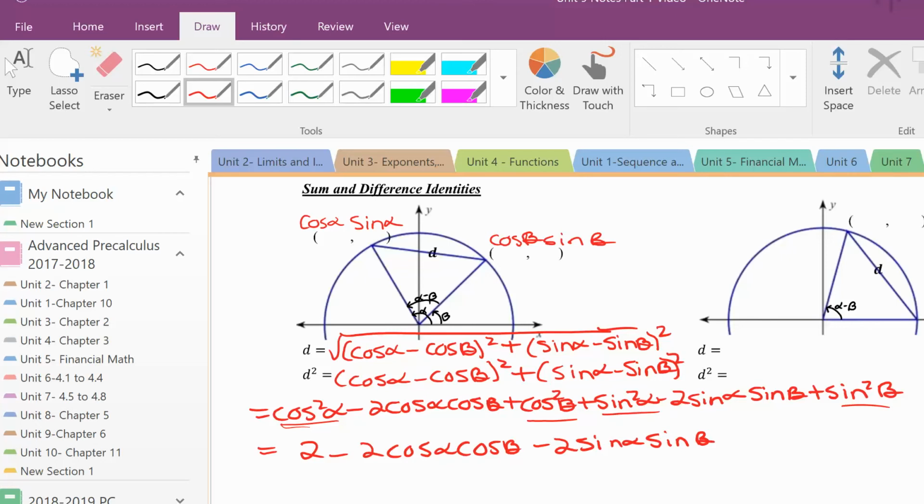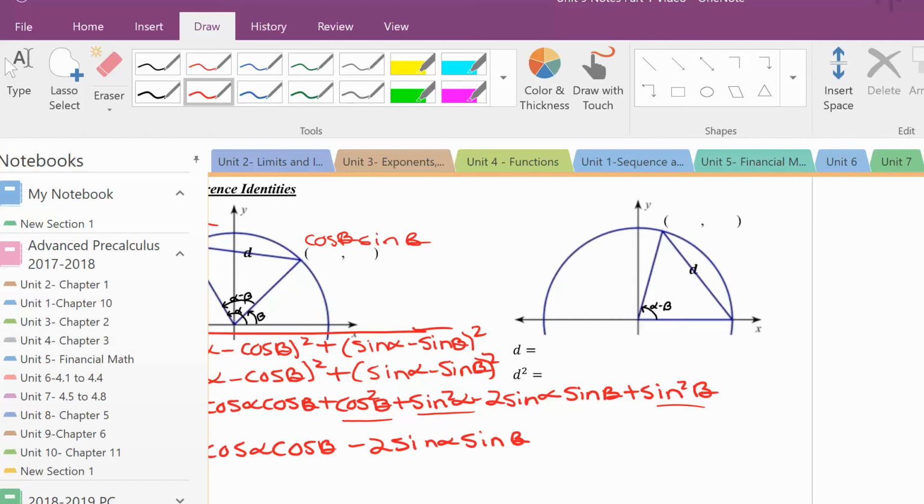But now if we look at it in terms of one of the angles being in standard position, and then alpha minus beta is just the angle itself. So this would be cosine alpha minus beta, and then sine alpha minus beta as the coordinates. And then this coordinate here would be 1, 0.